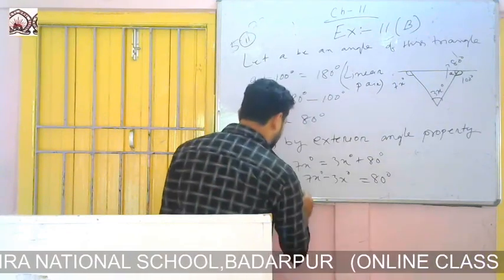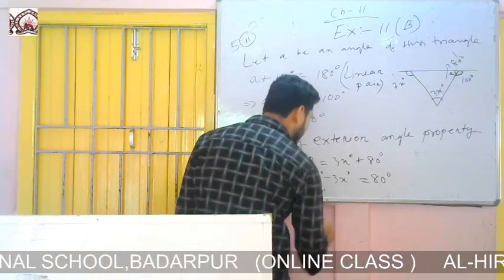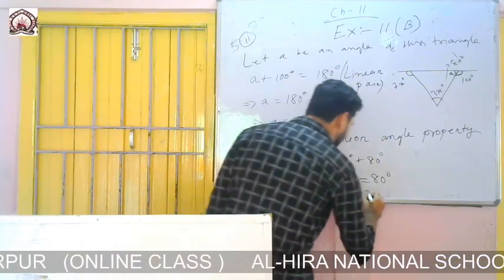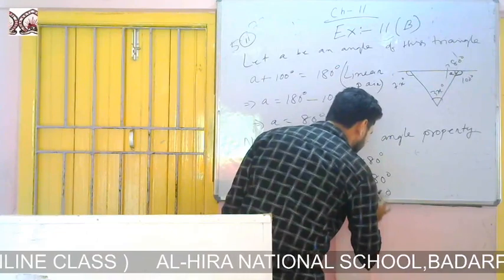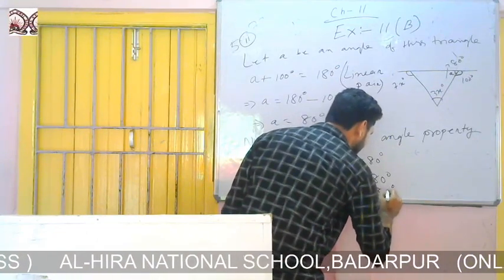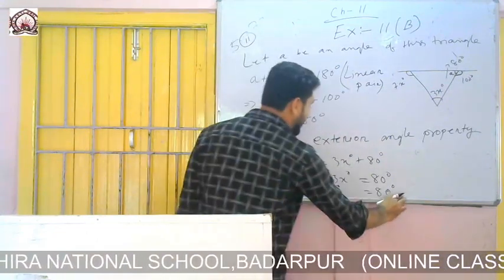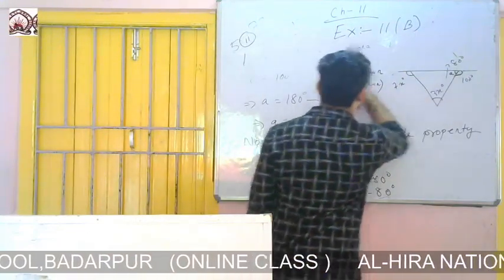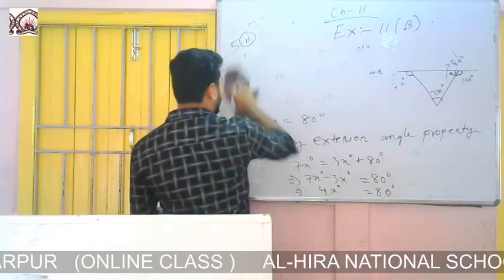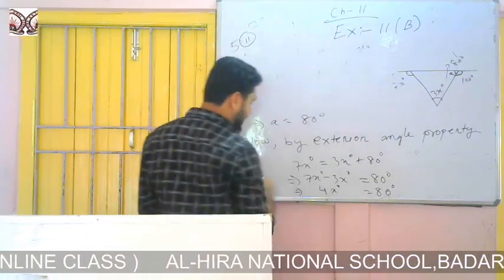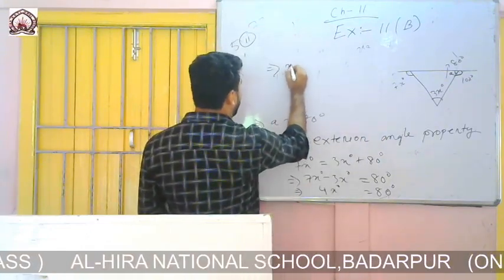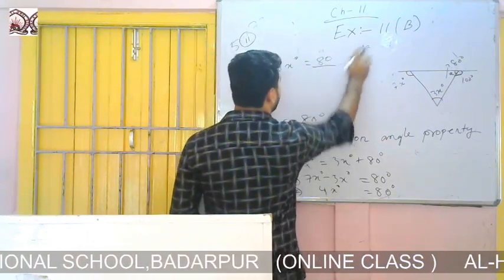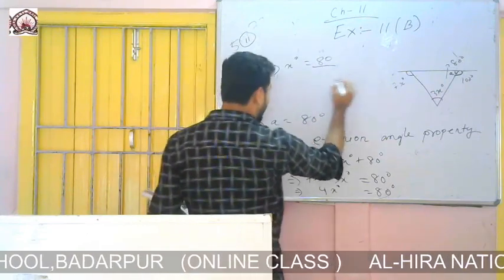Now if I subtract, then I will get 4x degrees equals 80 degrees. Now we can find x. X degrees will be 80 degrees divided by 4.